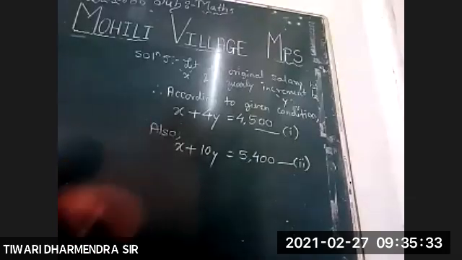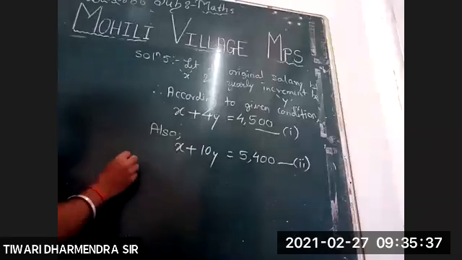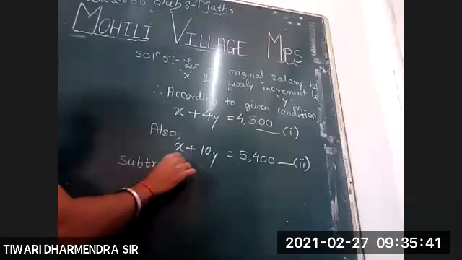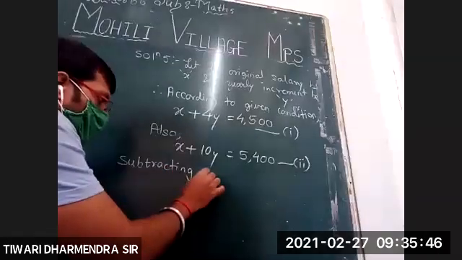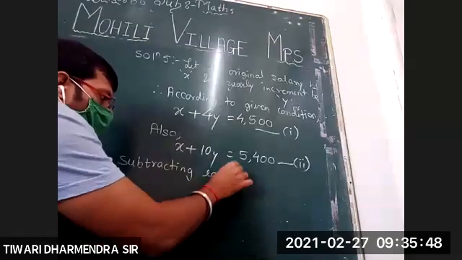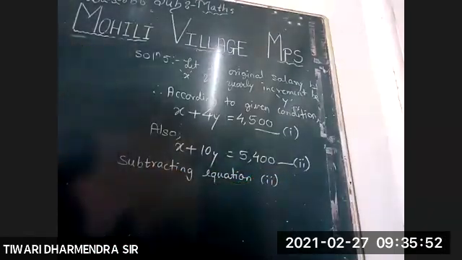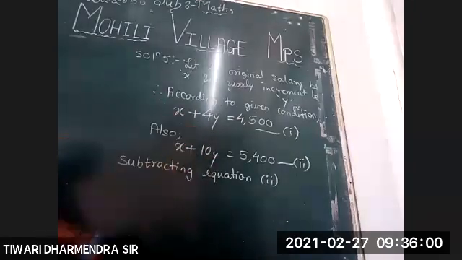So now we can see that we can subtract and get rid of this X. Subtracting equation 2 from 1, we will be getting a negative value.